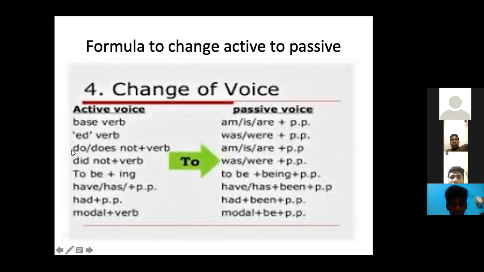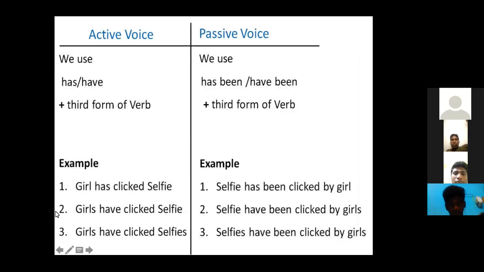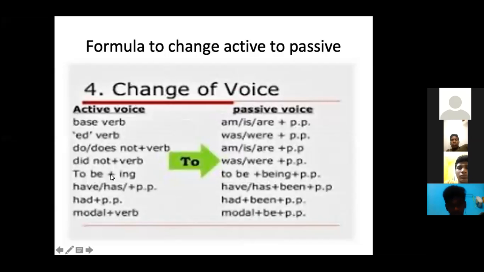Do or does and not plus the verb: if it is do or does and not plus the verb, what will happen? It will become am or is or are plus the past participle form of the verb.